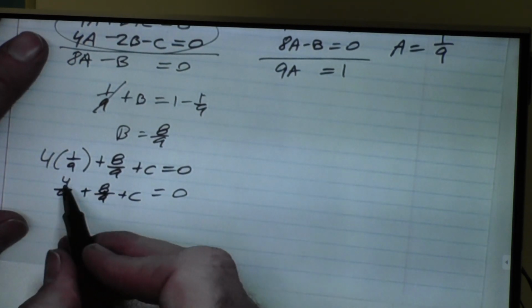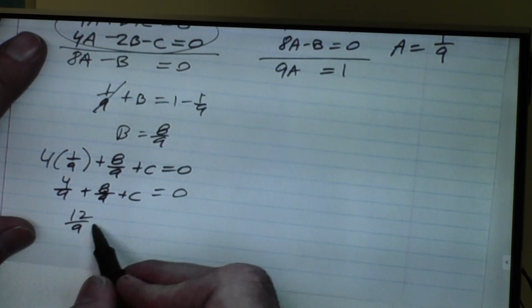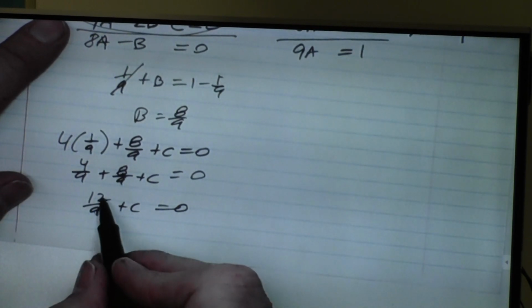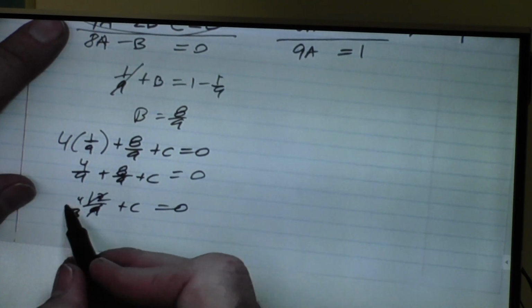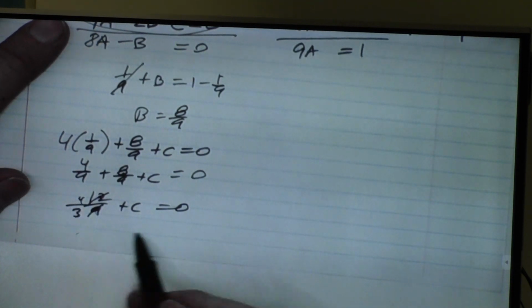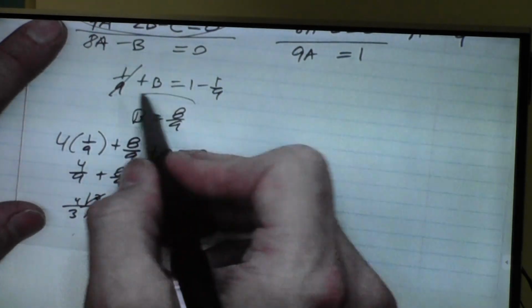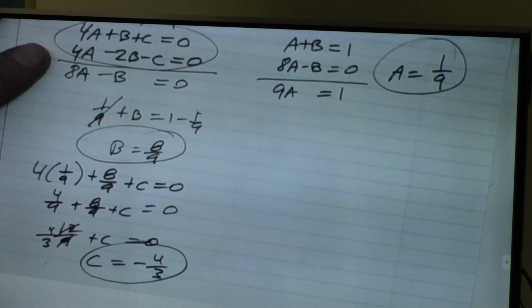That looks like 8, 9, 10, 11, 12. 12 over 9? Yeah. 12 over 9 plus c is equal to 0. Now that's nice. I can do a little reducing here. 3 goes into 12 4 times, and 3 goes into 9 3 times. So I have 4 over 3. Let's subtract it. c is equal to negative 4 over 3. Those are my a, b, c.